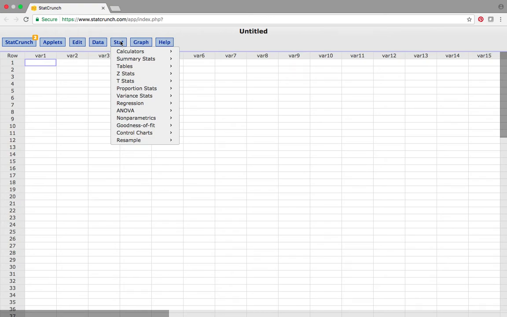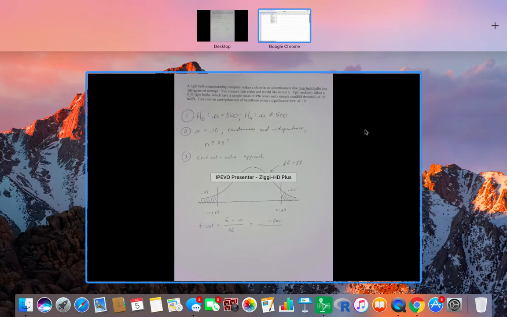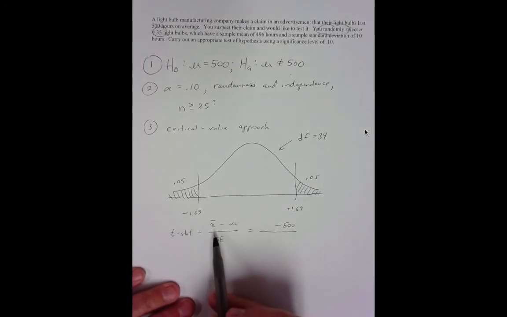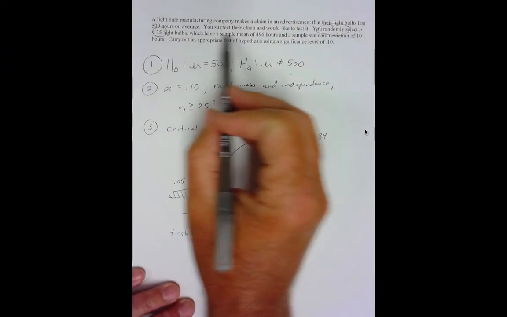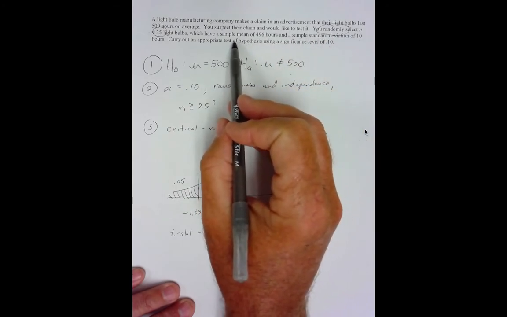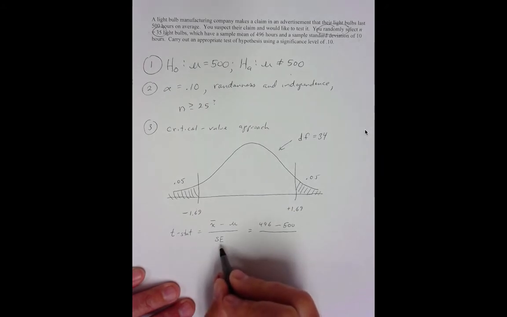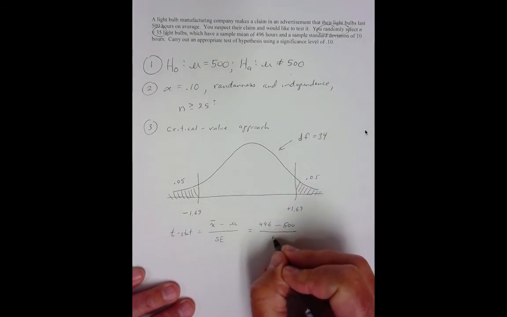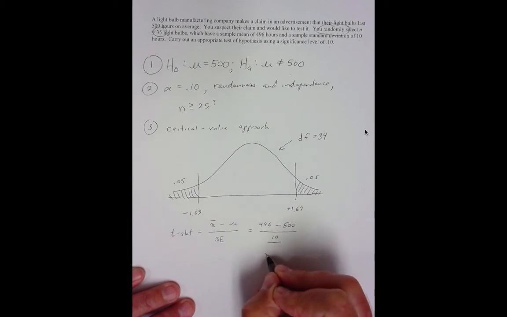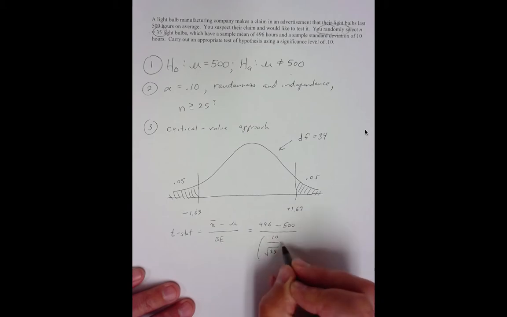Well, you know what? What am I thinking about? I've lost my mind. The sample mean is given in the problem. It's 496. And the standard error is the standard deviation, 10, divided by the square root of the sample size, which is 35.